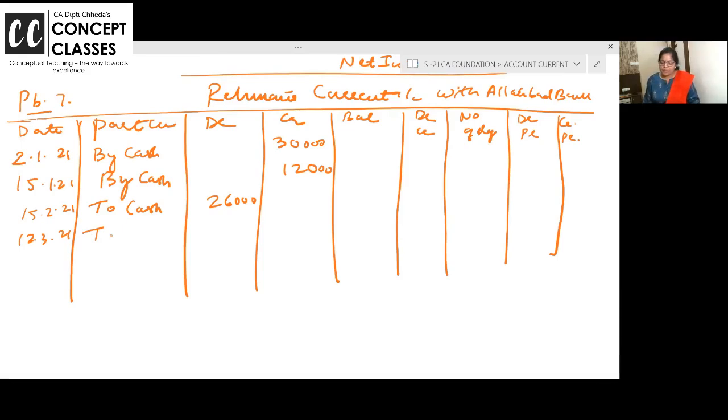Okay. 8,000 rupees are deposited. So credit. What will the bank do? Cash debit to Rahman, 8,000. By cash.